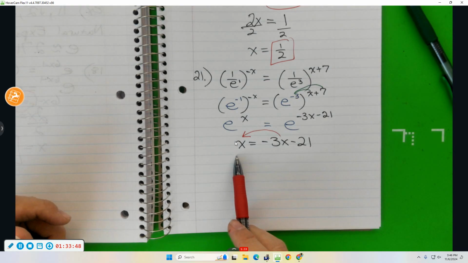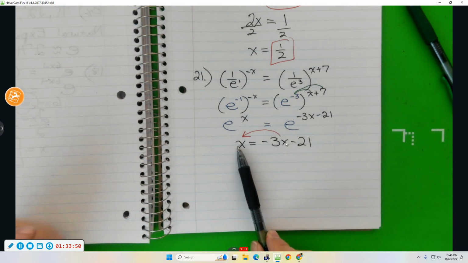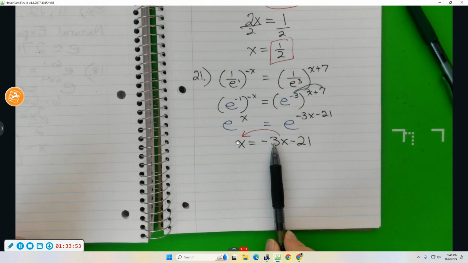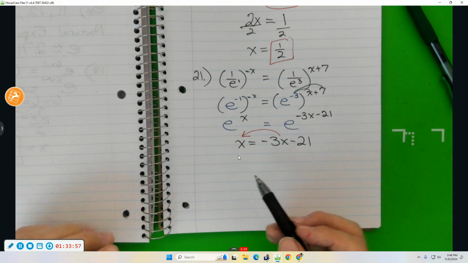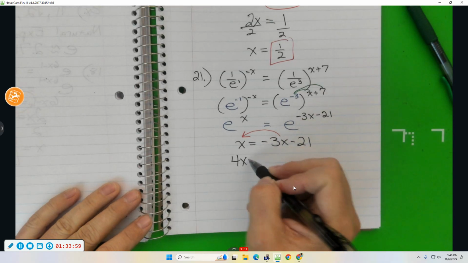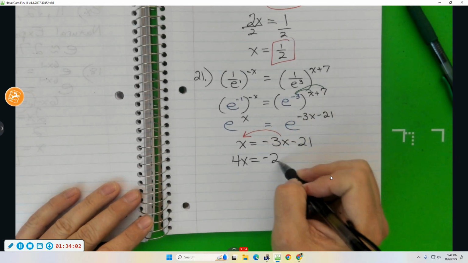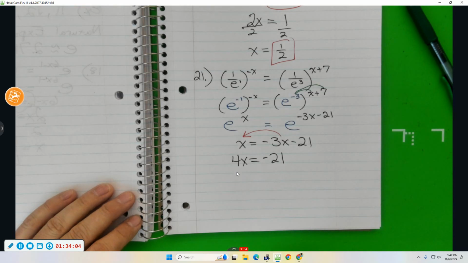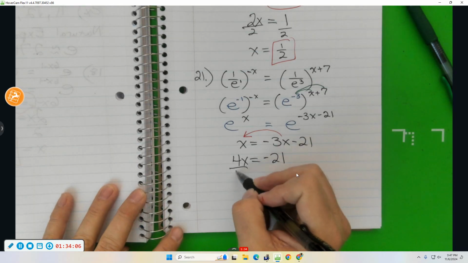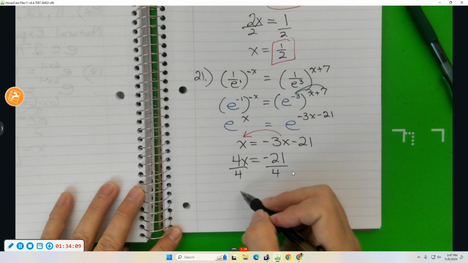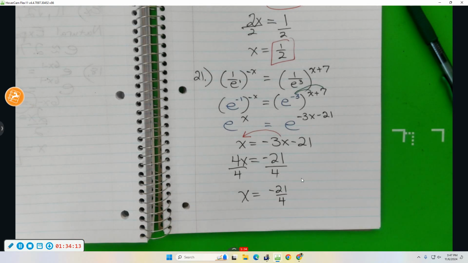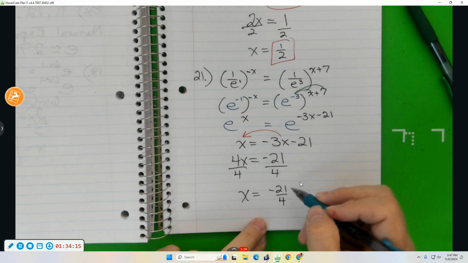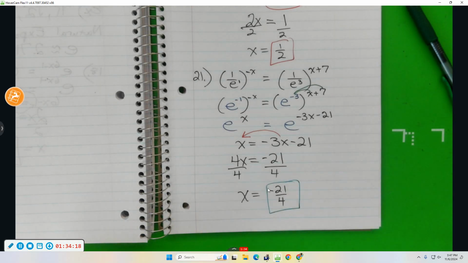What am I going to have here then? 1x plus 3x gives me 4x equals negative 21, and then divide by 4 to get the final answer of negative 21 fourths. Negative 21 fourths. Any questions there?